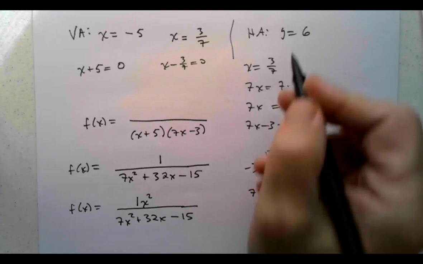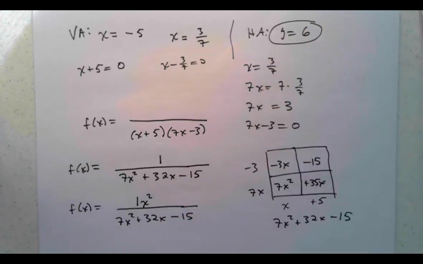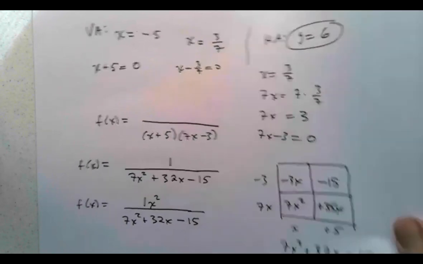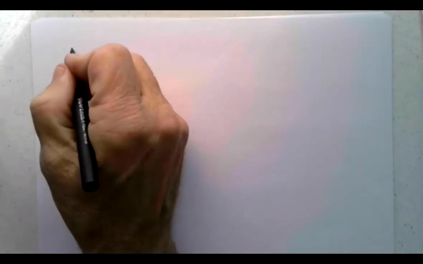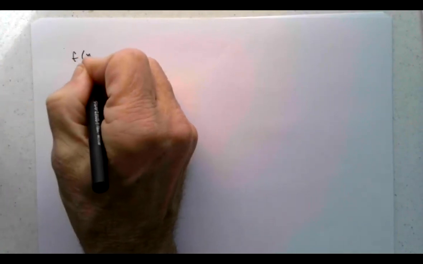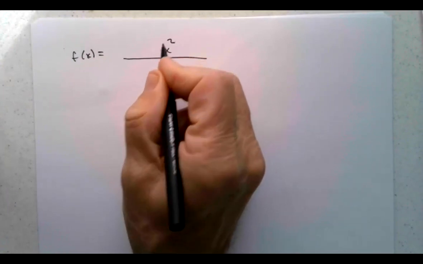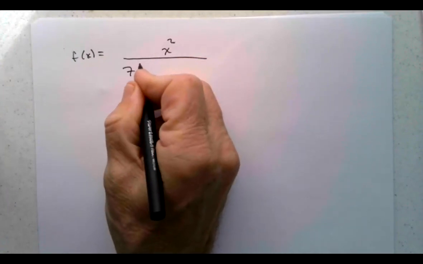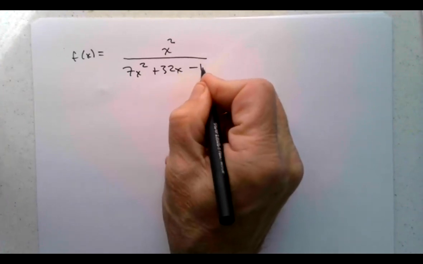I want the horizontal asymptote to be y equals 6. So what do I need the top to be? I need something divided by 7 to equal 6. That would be 42. So here's where we are currently. We are at f of x equals something x squared over 7x squared plus 32x minus 15.